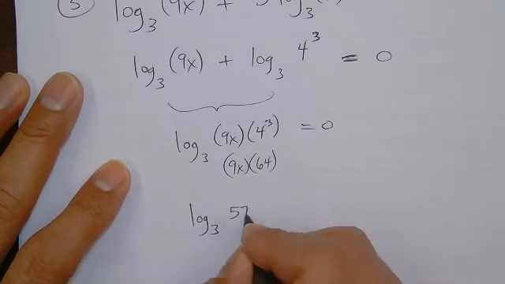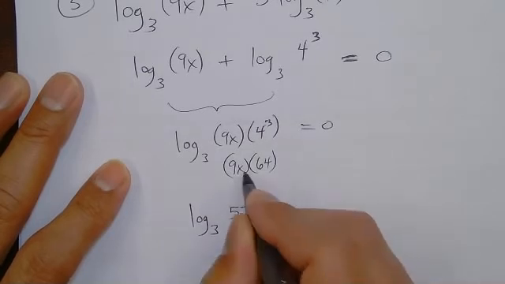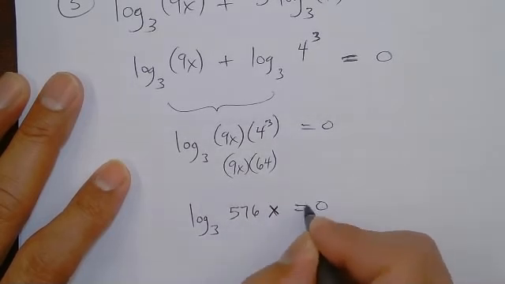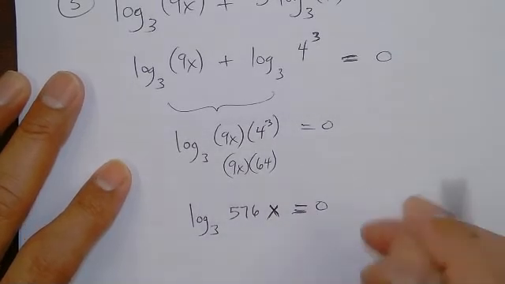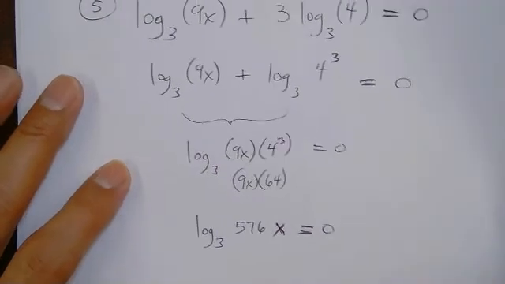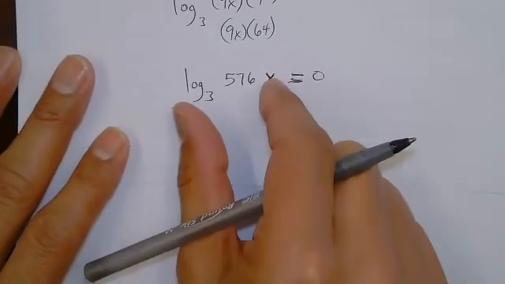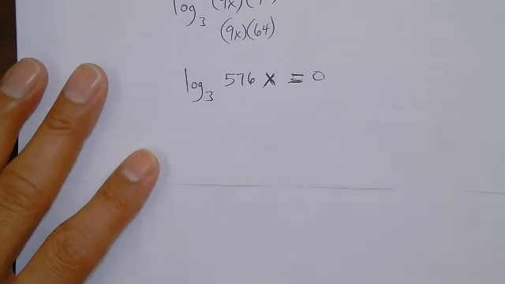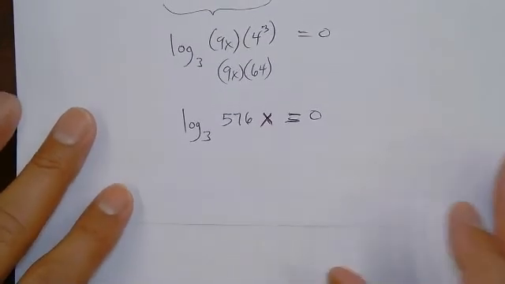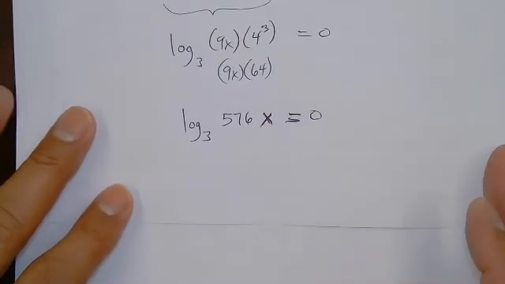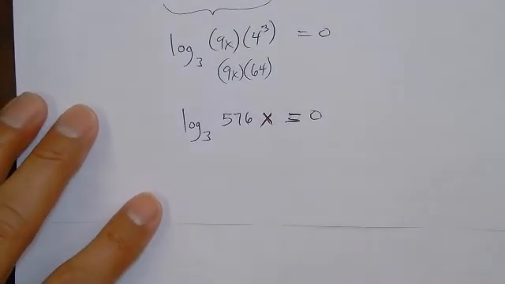Okay. So what do I have? Log 3 of 576x, right? Because there's an x right there. Equals 0. That's what you want to get it to. 1 logarithm equal to, and then the number on this side. We're good?